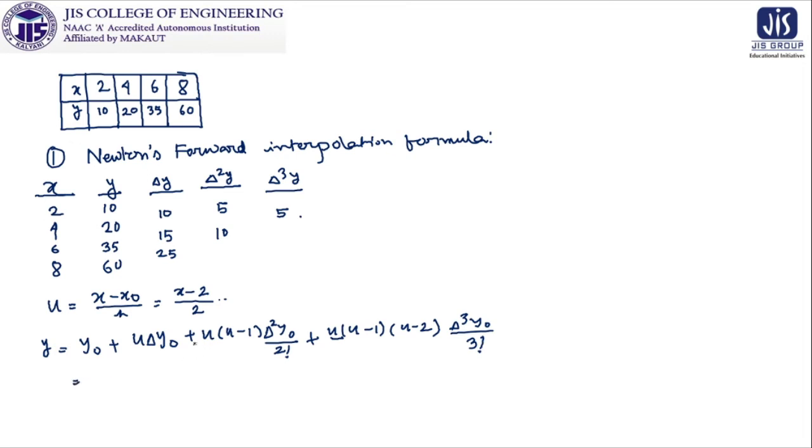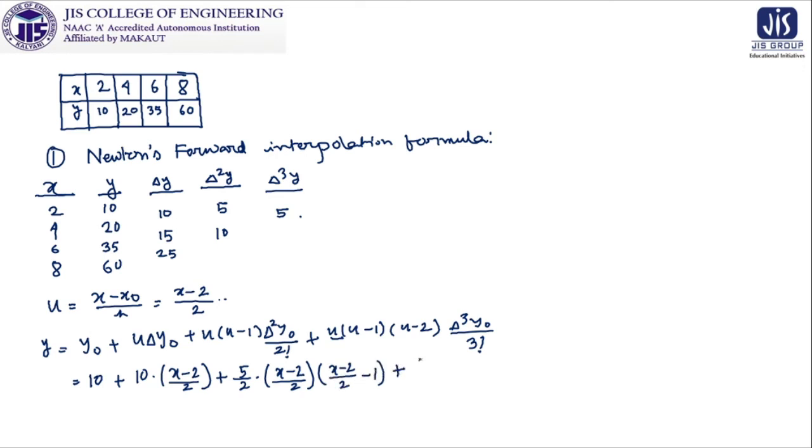As all the things are now known to us, we are going to substitute the values. So it will be 10 plus del y0, which is also 10, so 10 into u, that is (x minus 2) by 2, plus del 2 y0 is 5, so it will be 5 by 2 into (x minus 2) by 2 into ((x minus 2) by 2 minus 1).